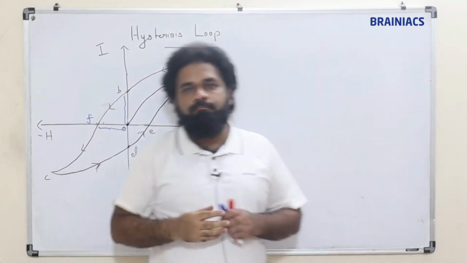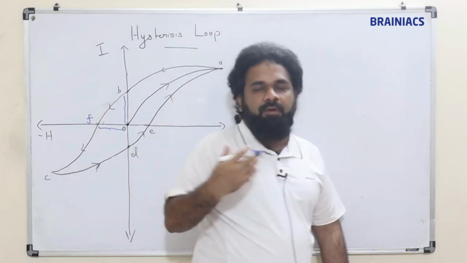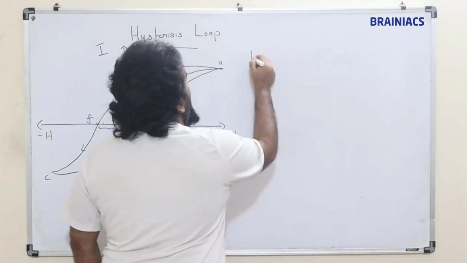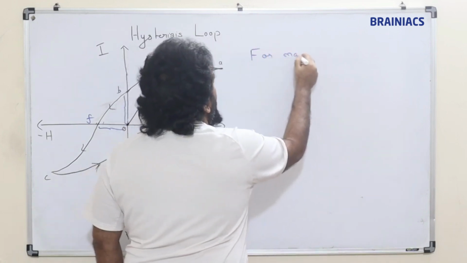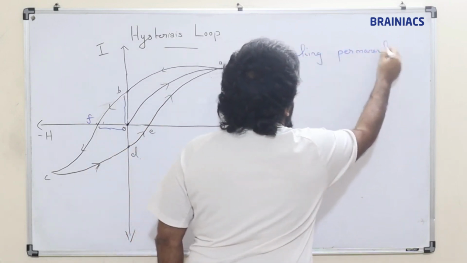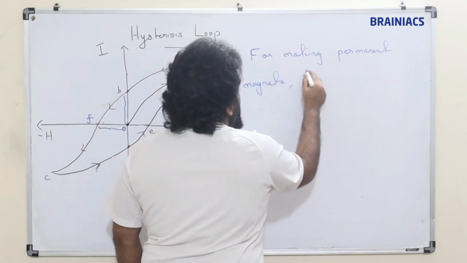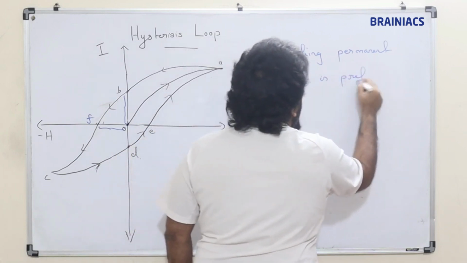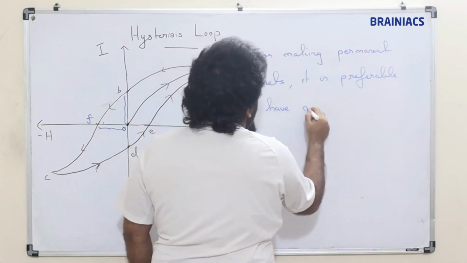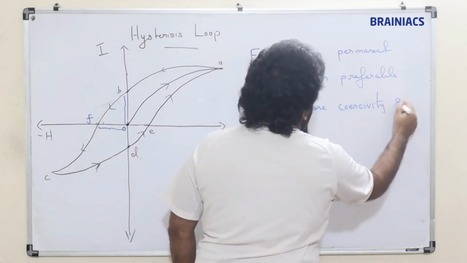So to make a permanent magnet, more coercivity and more retentivity is preferable. Okay, for making permanent magnets, it is preferable to have more coercivity and retentivity.